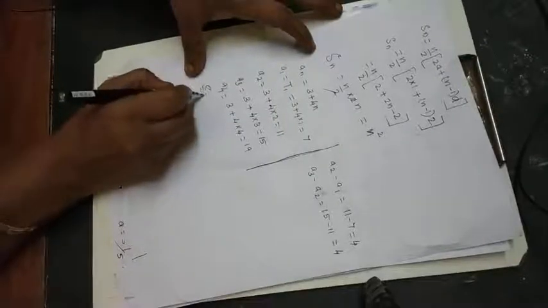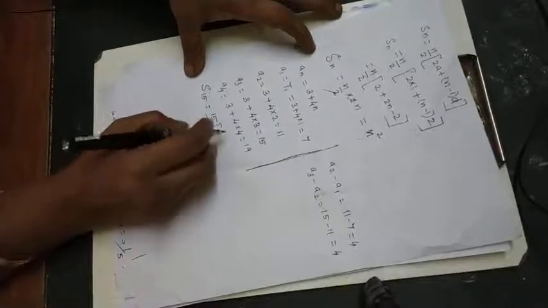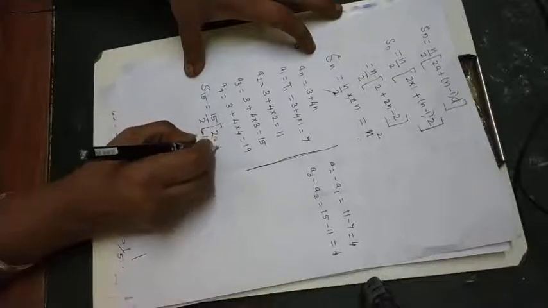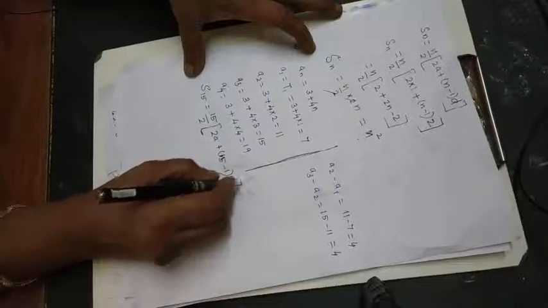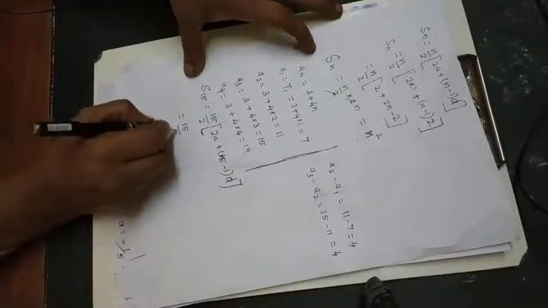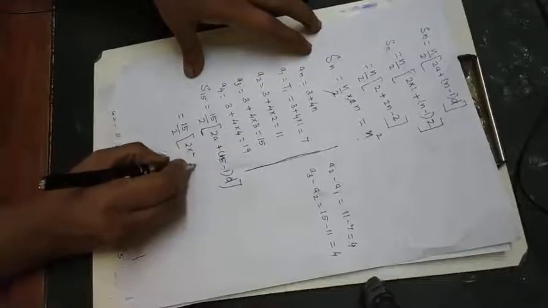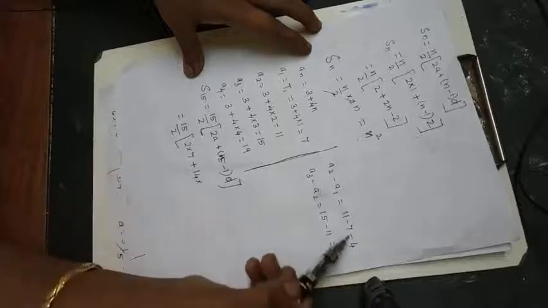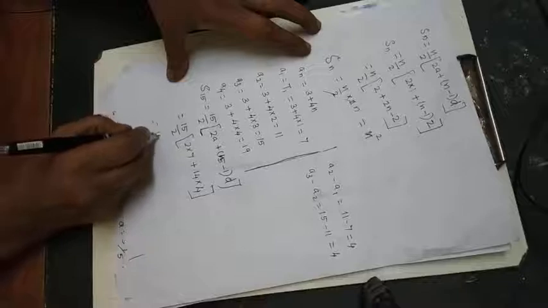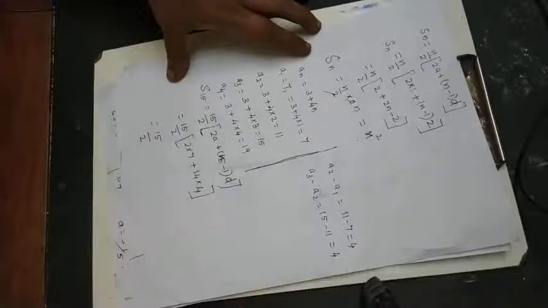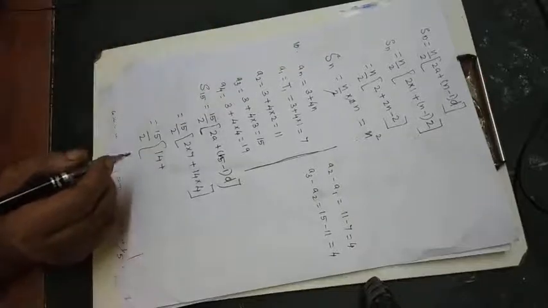So S15 will be equal to 15 by 2, 2a plus n minus 1, that is 15 minus 1, into D. So 15 by 2, 2a value is 7, 2 into 7 plus 14 into what is D value, 4.